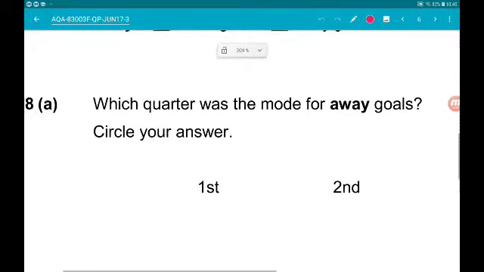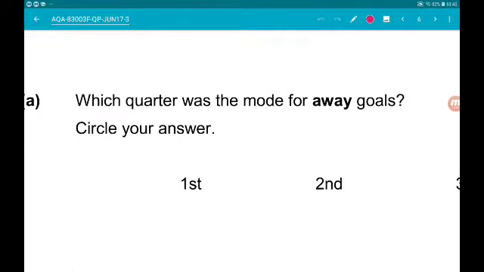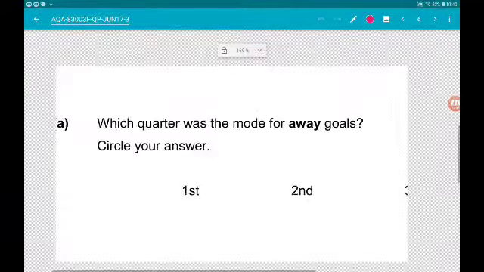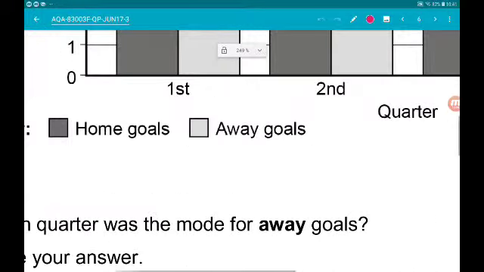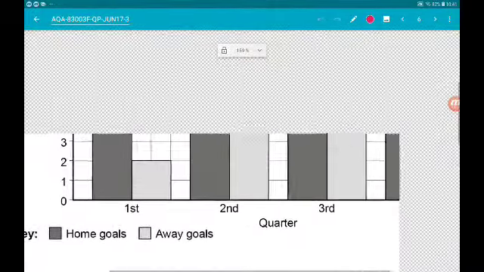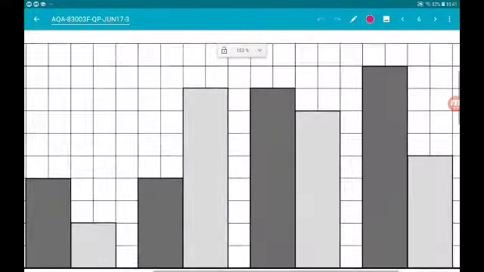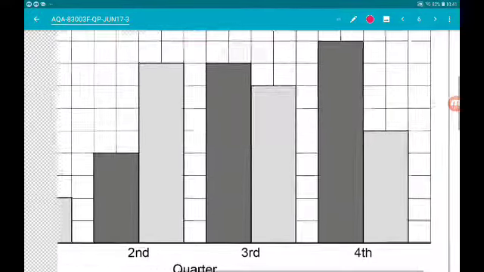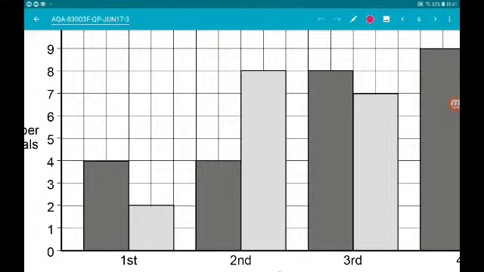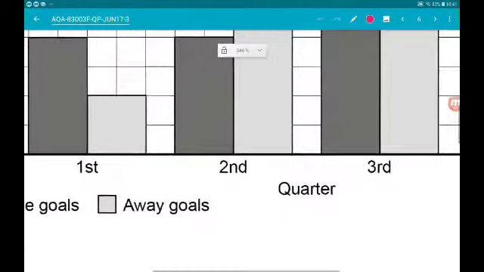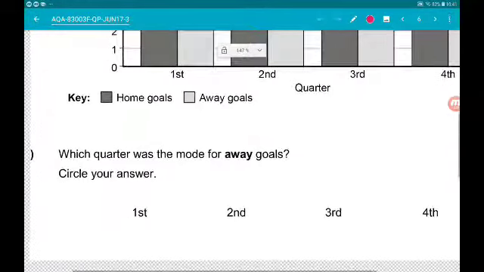Part A says which quarter was the mode for away goals. So away is light grey, mode means most common. So we can see the biggest light grey bar was the second quarter.